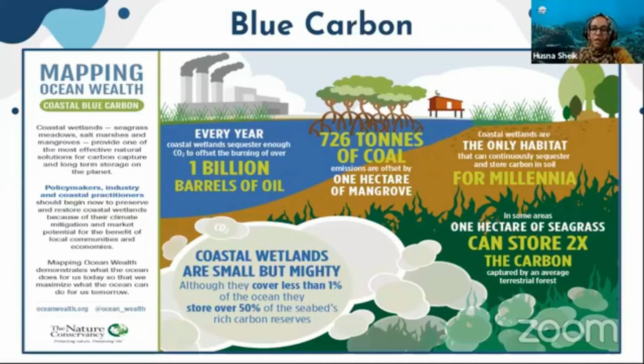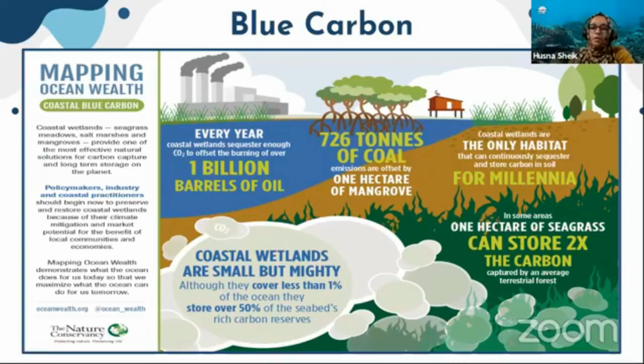So it's very important for us to conserve these ecosystems. Blue carbon is the carbon captured or sequestered through these marine environments. Marine plants are called blue carbon. Blue is something related to the ocean. That's how that word came, blue carbon.